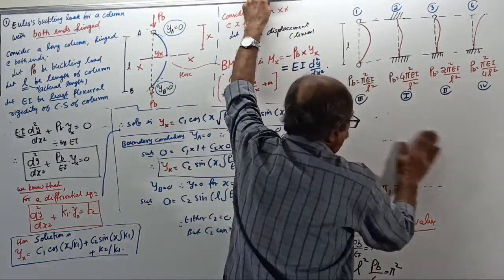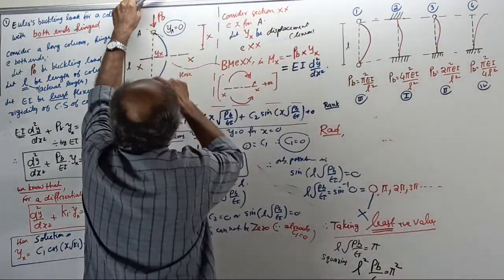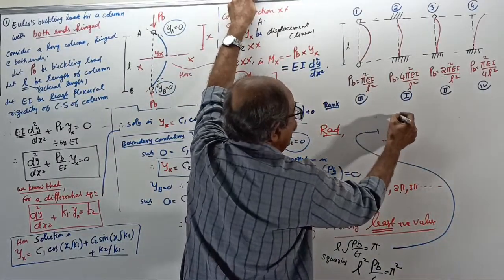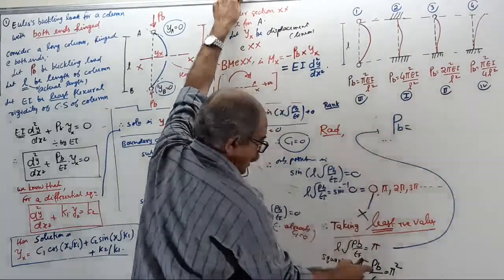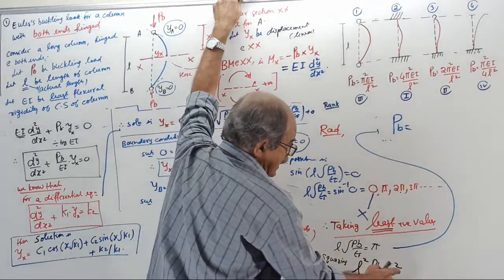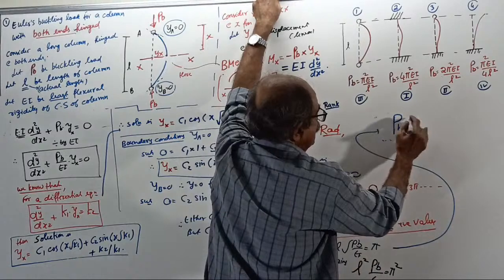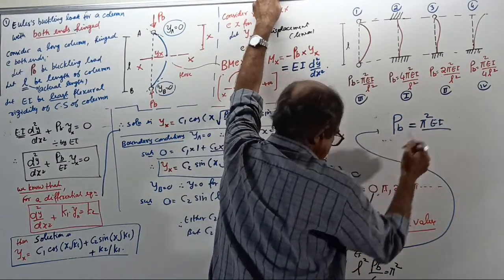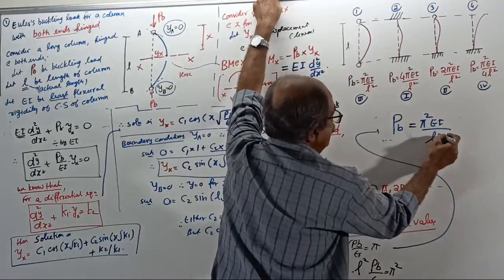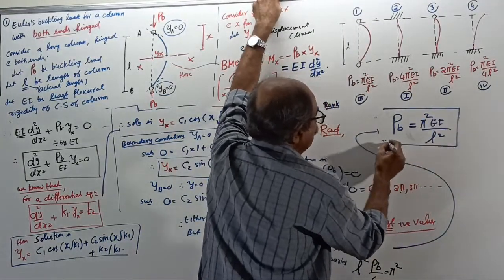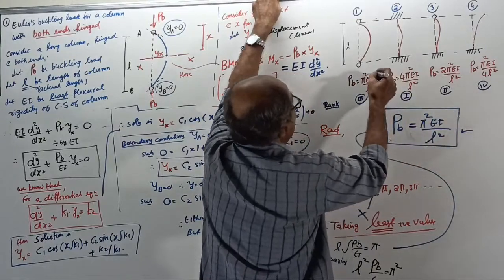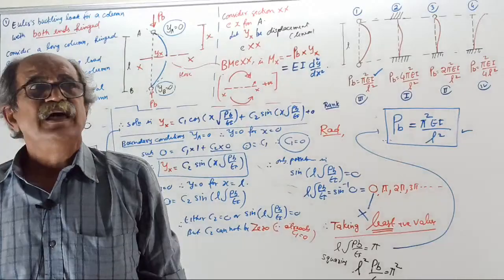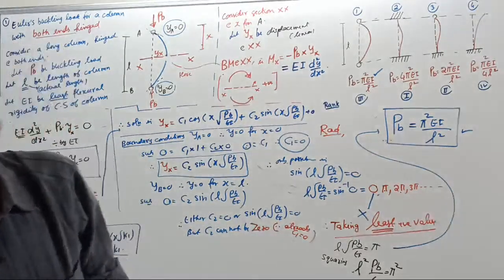Therefore, for a column with both ends hinged, the buckling load PB equals pi square EI by L square. This is the buckling load for a column with both ends pinned, the least load at which the column will buckle.